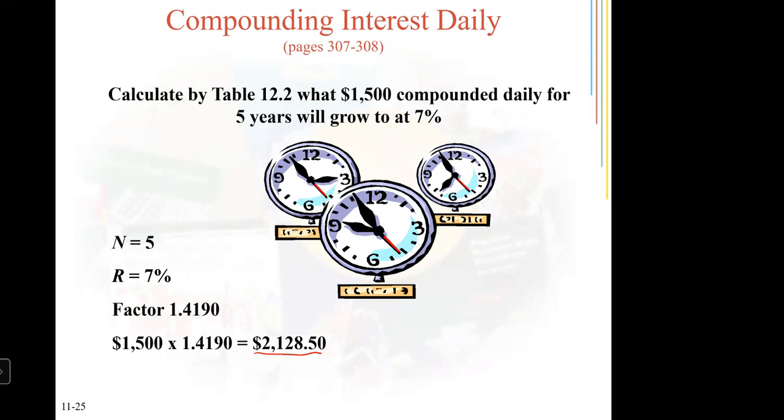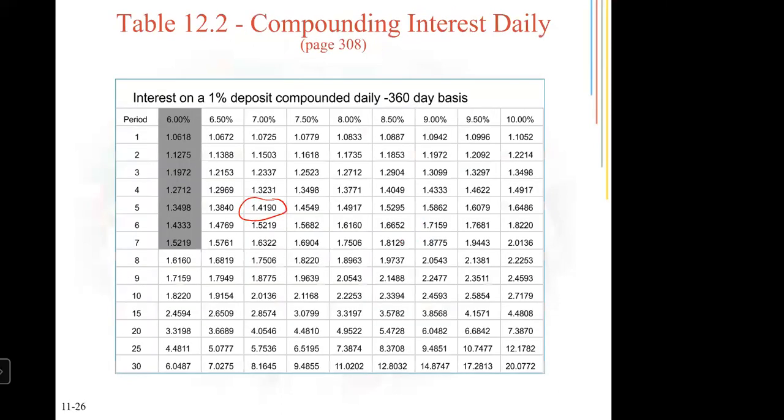The other table we looked at, you have to work out the number of periods and the rate per period. But in the case of the daily table, whatever you're given in terms of years and interest, you simply look for that in your table and use that table factor to multiply the principal to get your compounded amount.